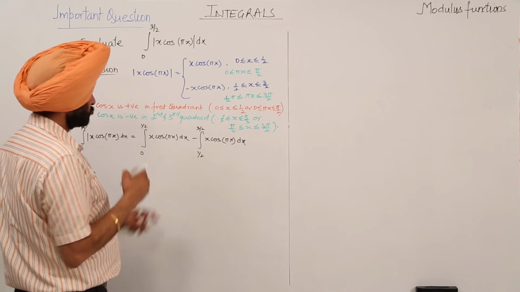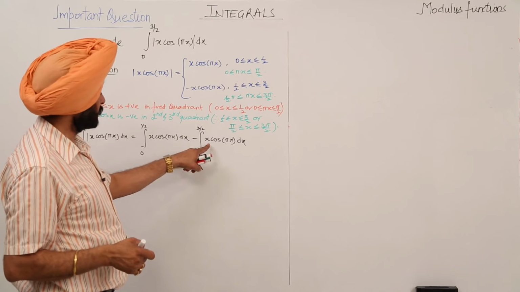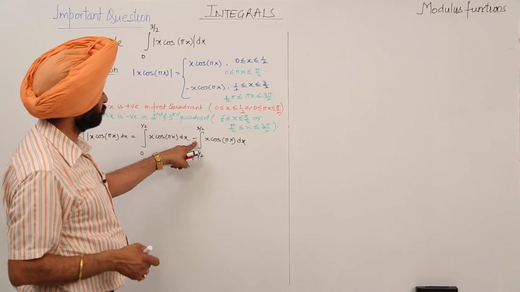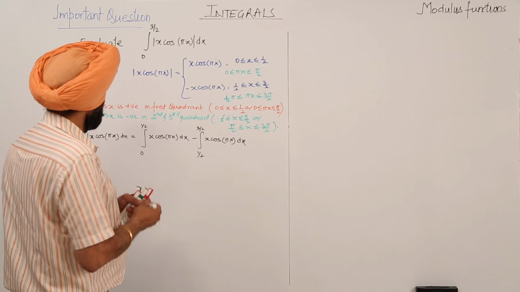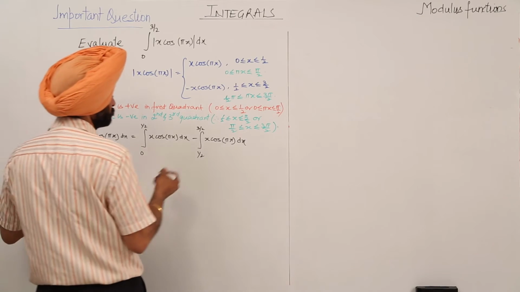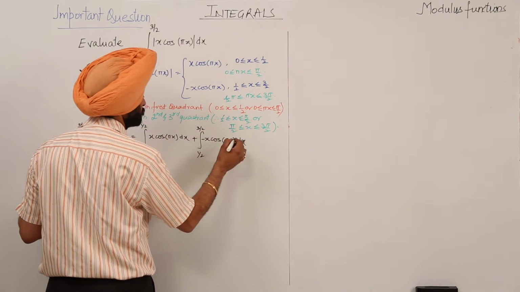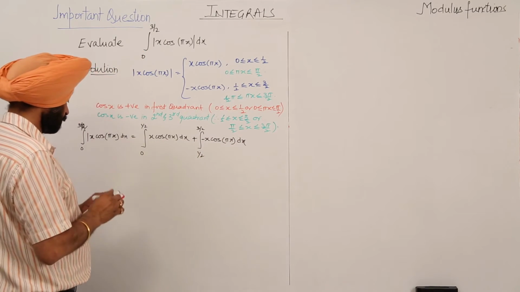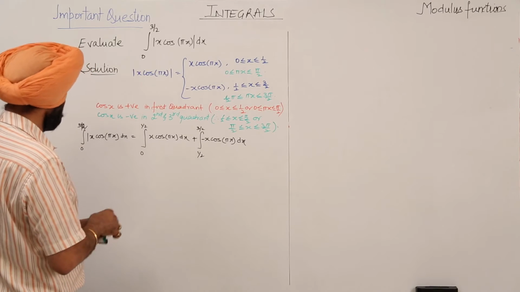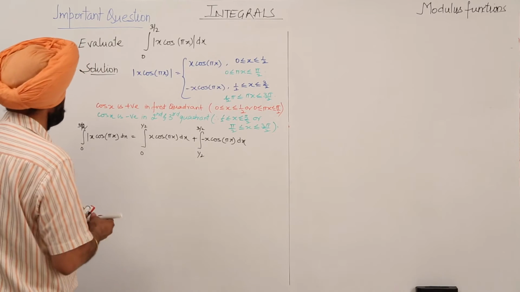Okay, so here it was negative of x and I have taken that outside, so it becomes negative here. Or better, you should write it like this, plus and minus here. Okay, like this only. Now let's integrate by parts.